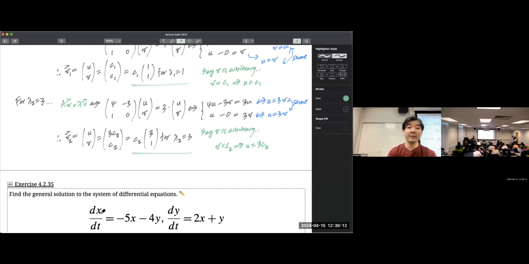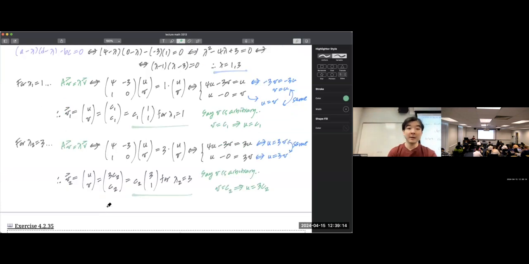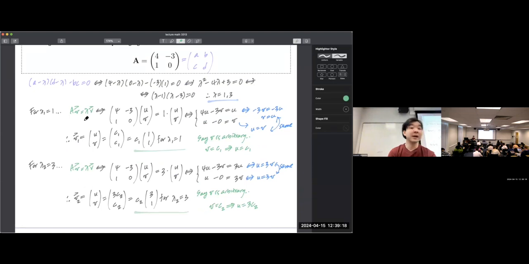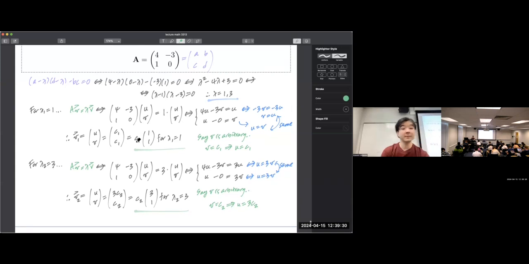Okay, so that's how you find your lambda as well as your vectors v. So you have 2 lambdas, and each of them has a different corresponding eigenvector, which is describing a vector up to a constant. C1 and C2 can be arbitrary constants.